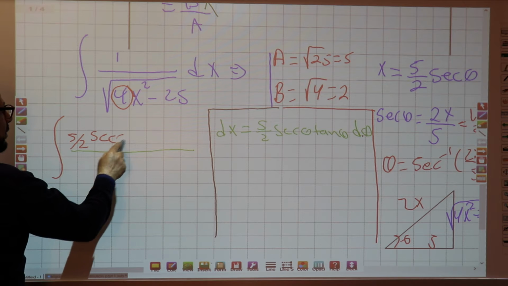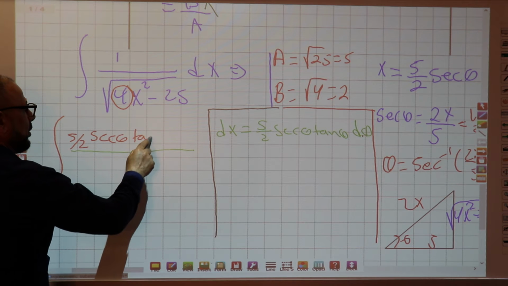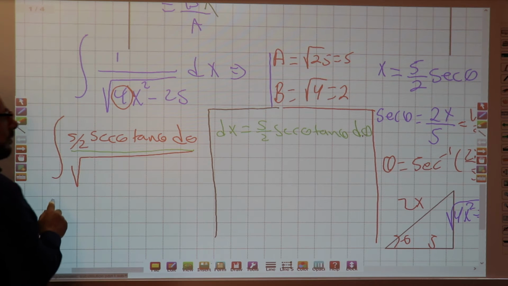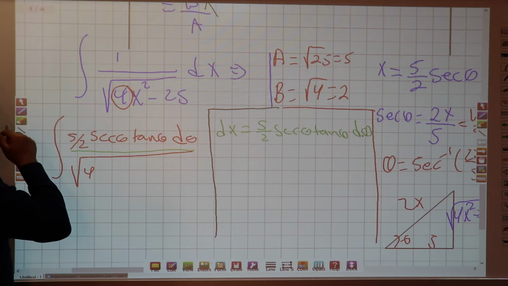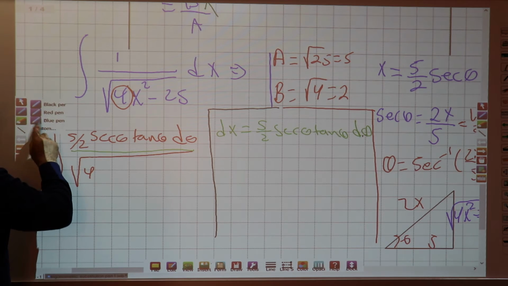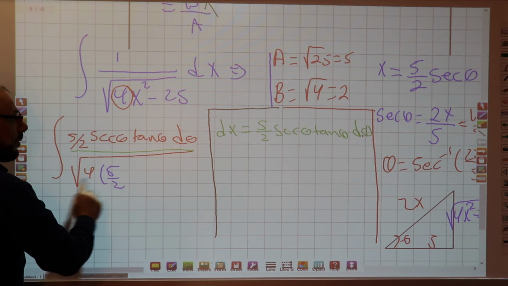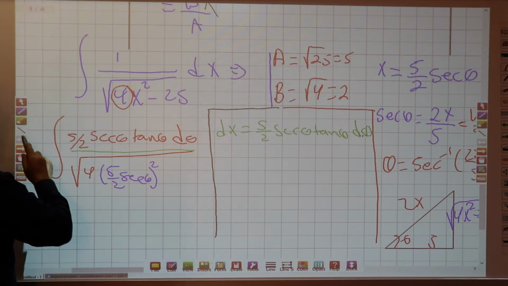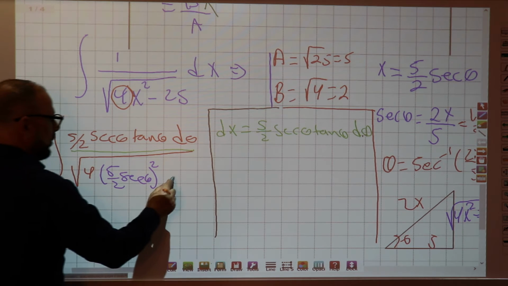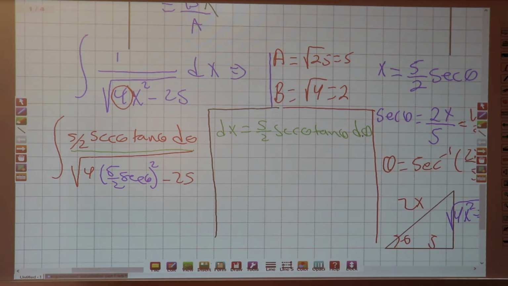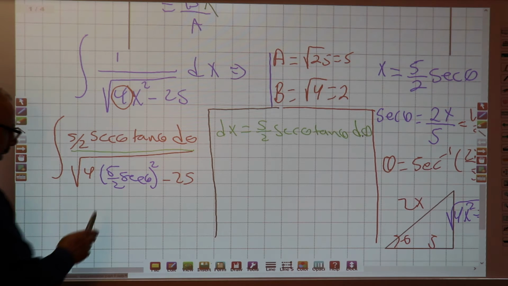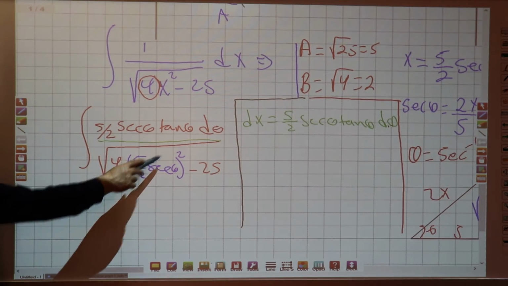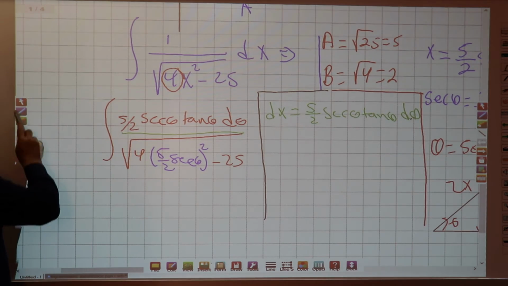Now, dx is 5 over 2 secant theta tan theta d theta. The integration of 4x squared minus 25, where x is 5 over 2 secant theta. If you notice here, my friend, the 2 squared and 2 squared cancel each other.